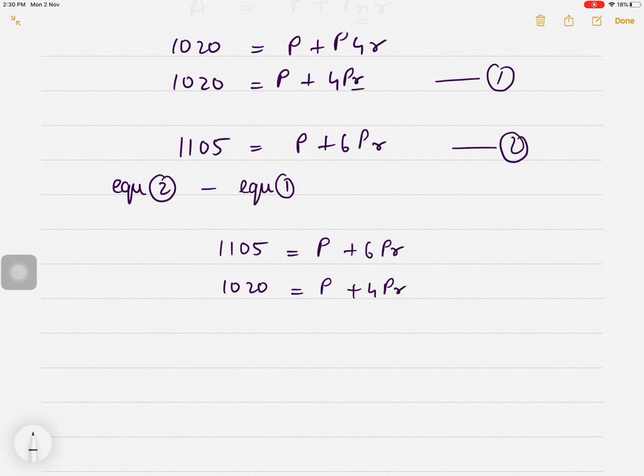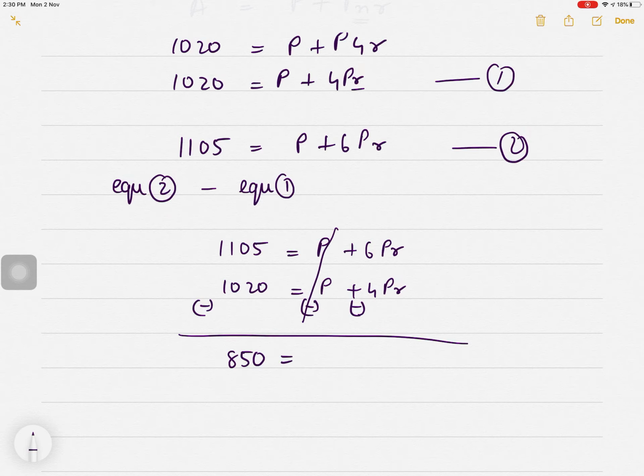Okay. Now I am subtracting. So plus will become minus, plus will become minus, and plus will become minus. Okay. So 1105 minus 1020. How much it comes to? 1105 minus 1020. It comes to 850. Okay. Is equal to plus P minus P, which is 0.